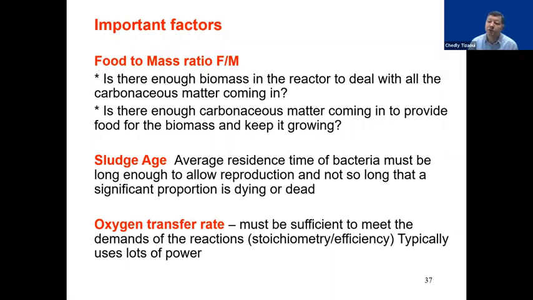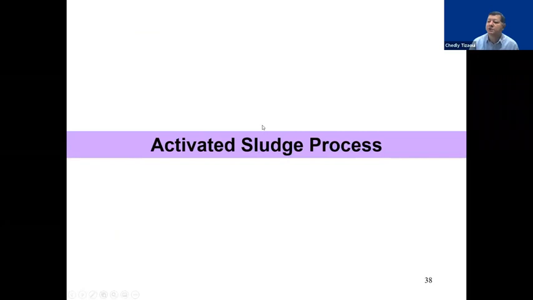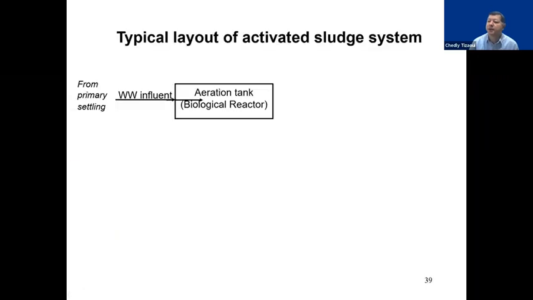That's a very important variable in the design of the reactor. Sludge age is important, how long the sludge would reside in the reactor, and also the oxygen transfer rate. So these are important factors to consider for the design.